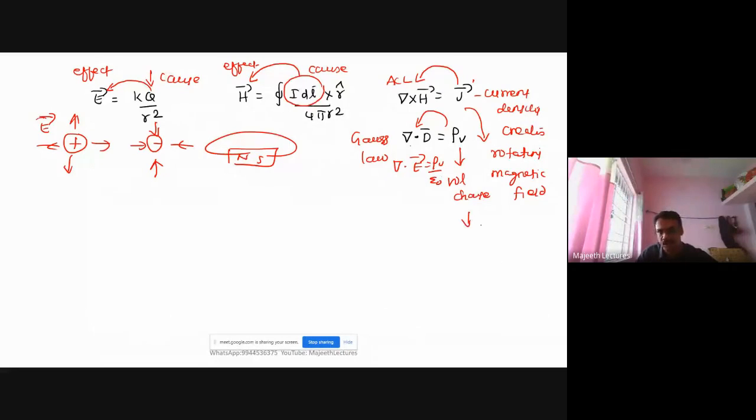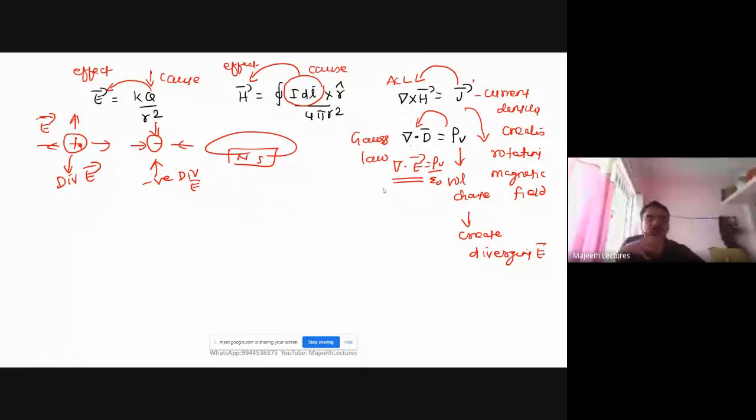So volume charge creates del dot E, a diverging electric field. This is a diverging electric field. This is a negative diverging electric field. Who is creating that? Charge. That's what Gauss law says. So these things we must remember.